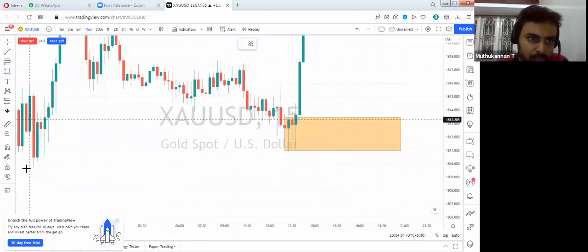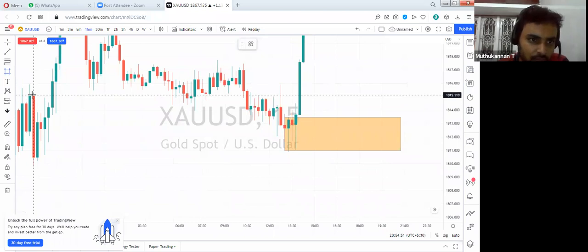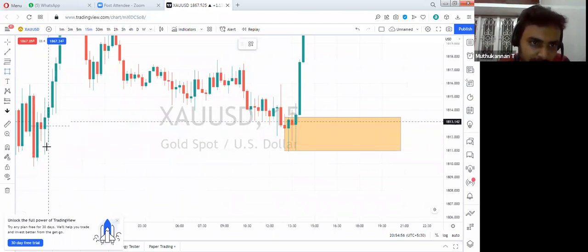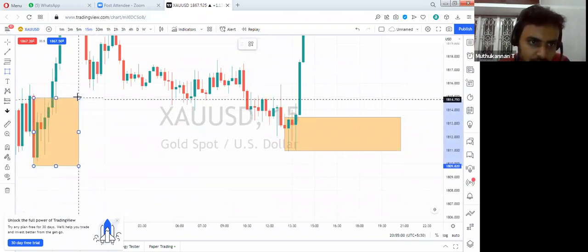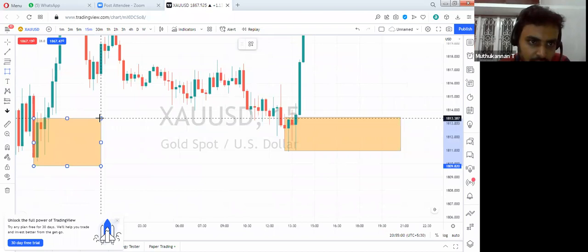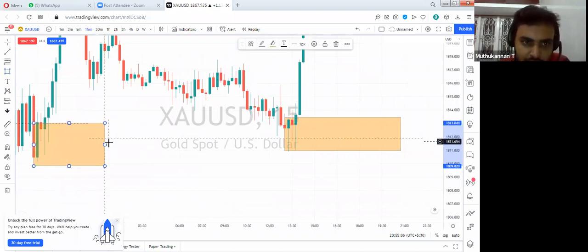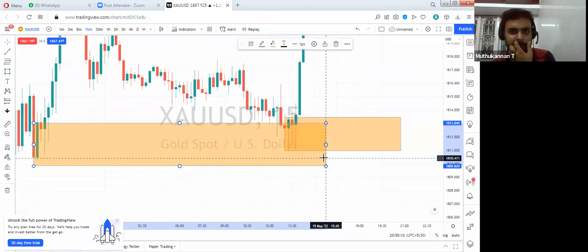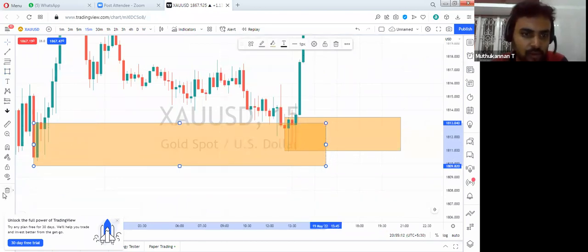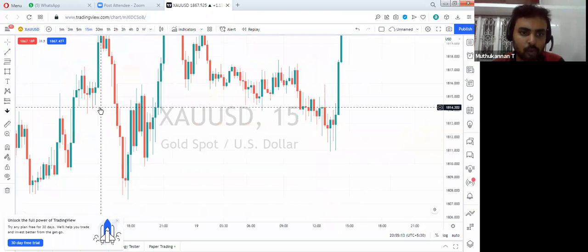This red candle is my swing point, and this green candle is also my swing point. So you can mark both swing points like this, or you can take 50% of the swing points and extend like this.